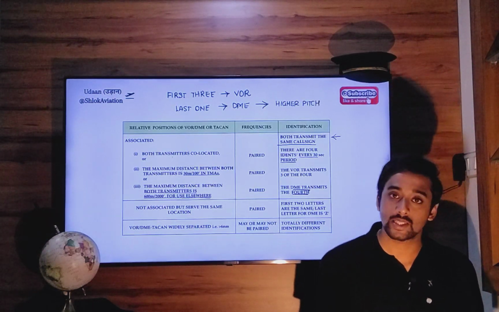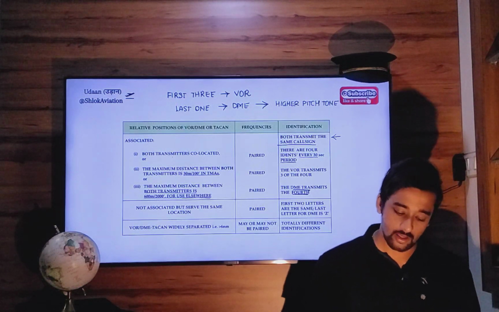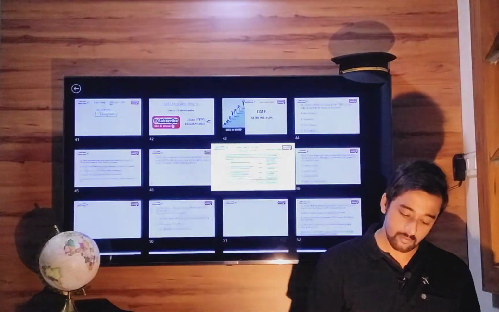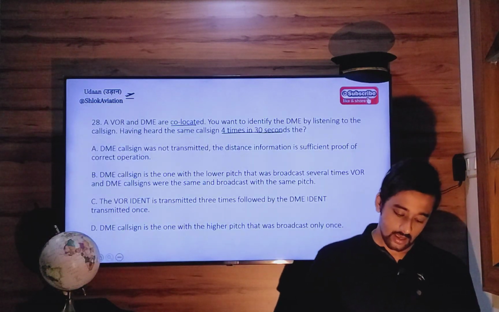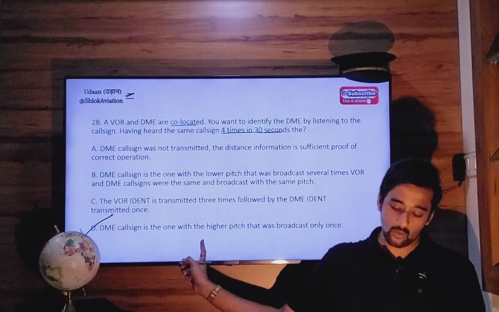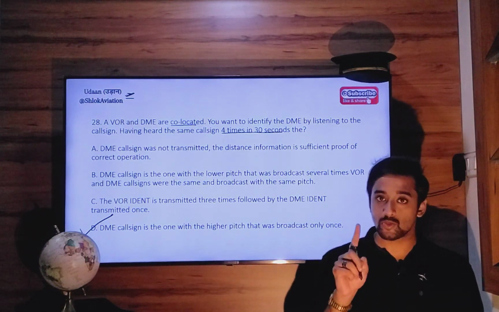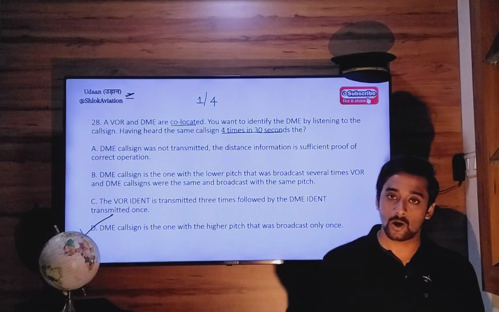So that is how you distinguish between VOR and DME. So question 28, the DME call sign, Delta is the right answer. The DME call sign is the one with the higher pitch that was broadcast only once out of a total of 4 times.